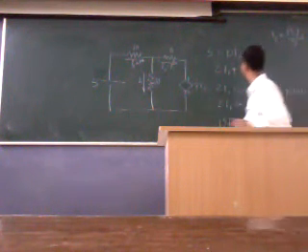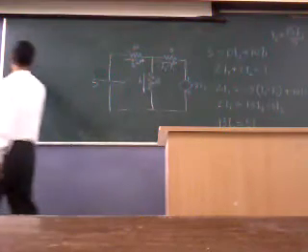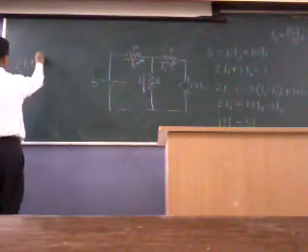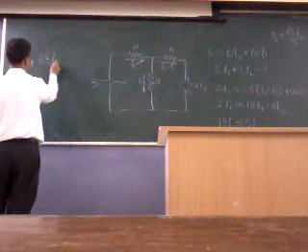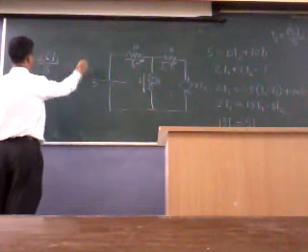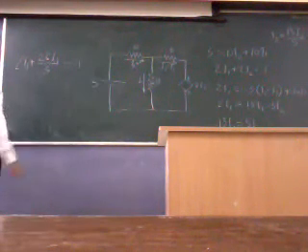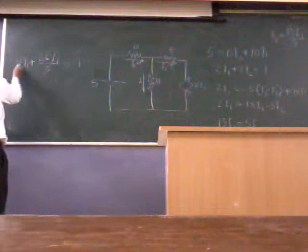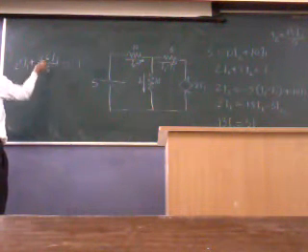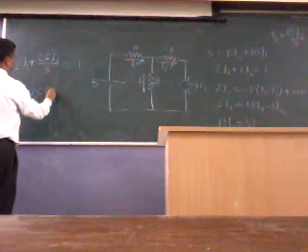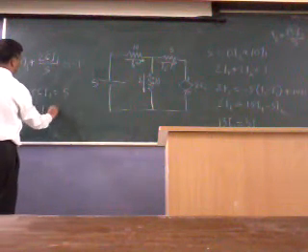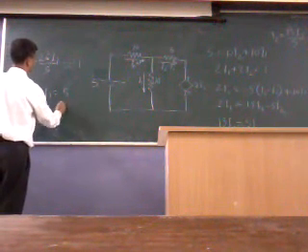So putting this here, it becomes 2 I1 plus 26 I1 upon 5 is equal to 1. Right? That is 10 I1 plus 26 I1 is equal to 5. So I1 is equal to 5 upon 36.